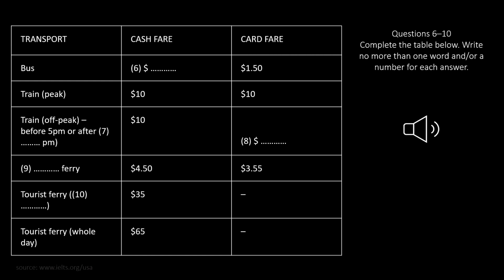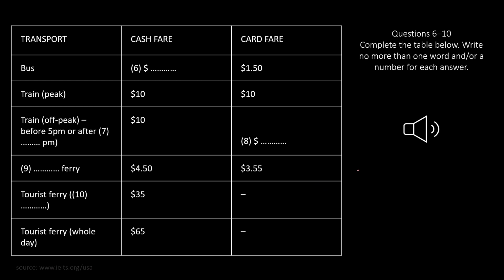You mean the tourist ferries that go upriver on sightseeing tours? No, they only take cash or credit card. They're not part of the Travel Link company. Oh, I see. I don't suppose you know the cost of a tour? In actual fact, I do, because I took a friend on the trip upriver just last week. We decided on the afternoon tour, and that was $35 each, but I understand that you can do the whole day for $65. Thank you. You've been a great help. My pleasure. Enjoy your day out. That is the end of section 1. You now have half a minute to check your answers.